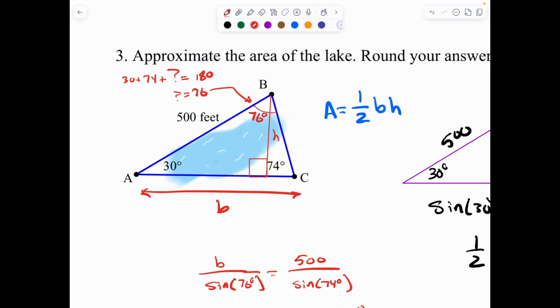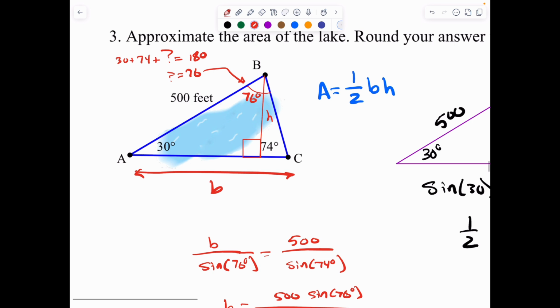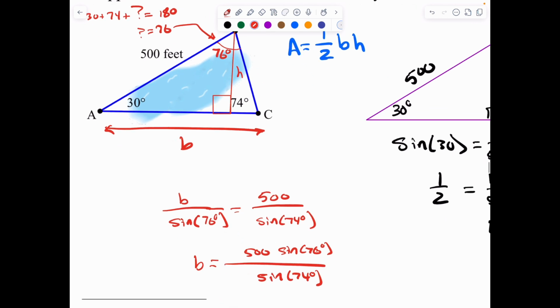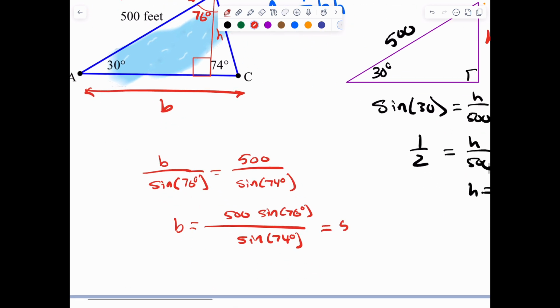And I got 504. Not a big difference. So b ends up being 504.699.